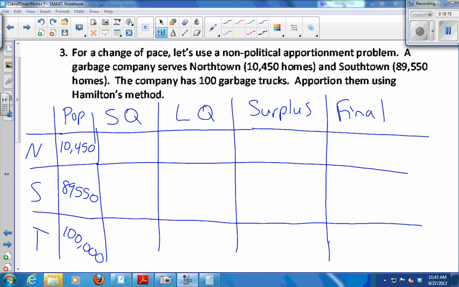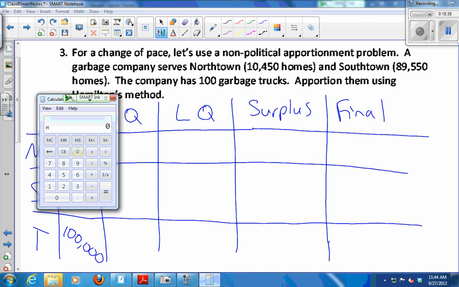Okay, so let's discuss. If there are 100,000 homes and 100 garbage trucks, how many homes per truck? 1,000. There are 100,000 homes, divided by 100 trucks is 1,000 homes.